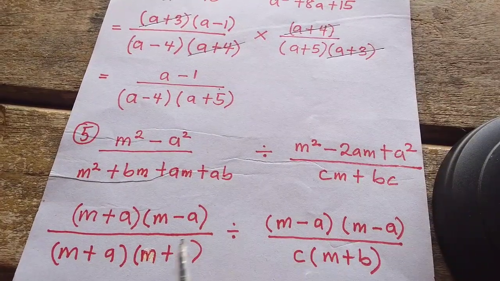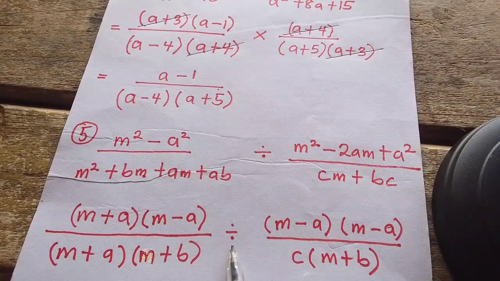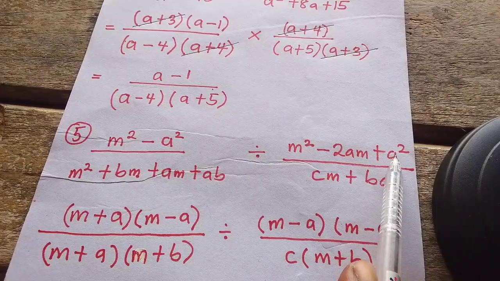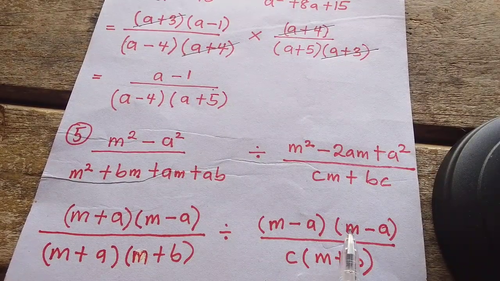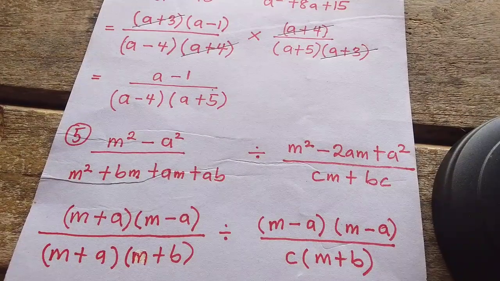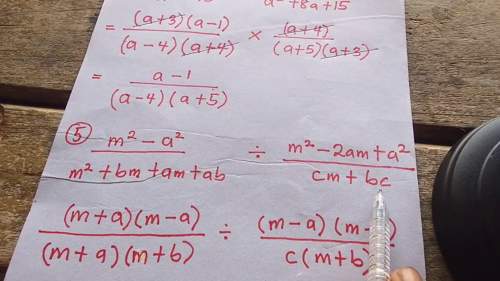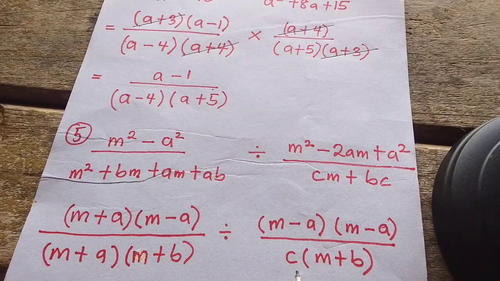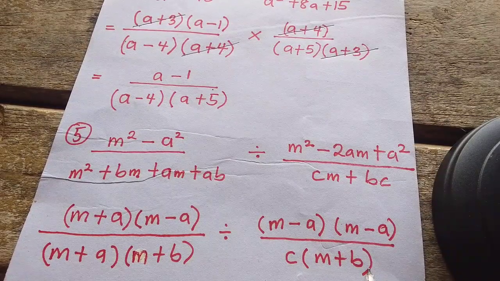That is why here you are having m plus a times m plus b divided by, when you factorize m square minus 2am plus a square, it will give you m minus a times m minus a. Then you realize that between cm and bc, c is common to them, so you bring it out. cm divided by c will give us m, plus bc divided by c will give us b. So c into bracket m plus b.